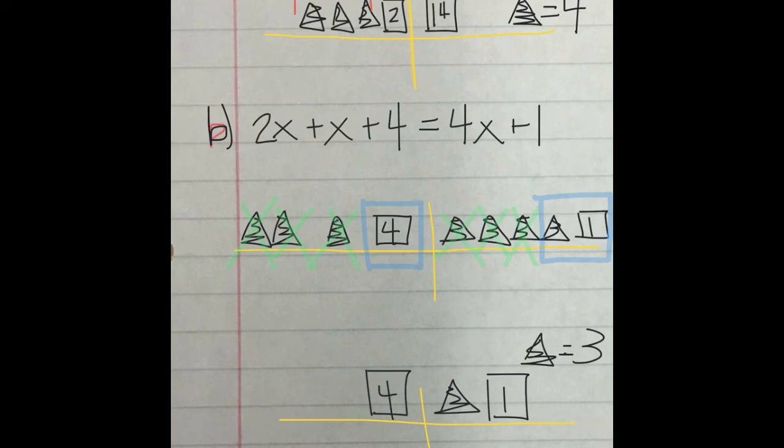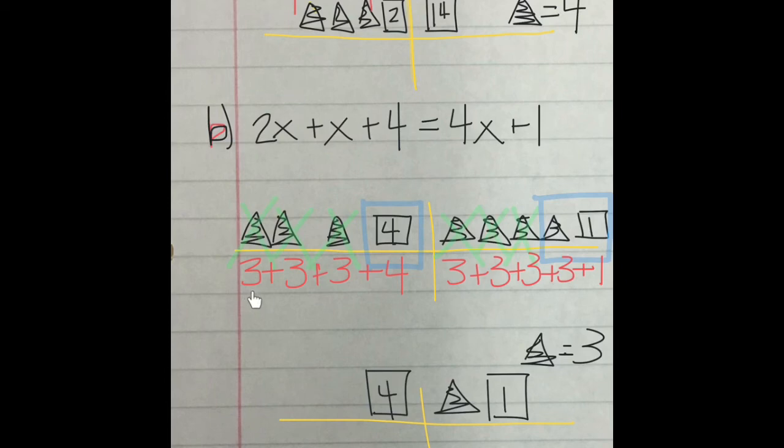And then I'm going to go back to my original setup, my original triangles, because that is the real test of whether I'm correct or not. So for every triangle, I'm going to replace it with a 3. All right, now I've got a lot of multiplying or adding to do.